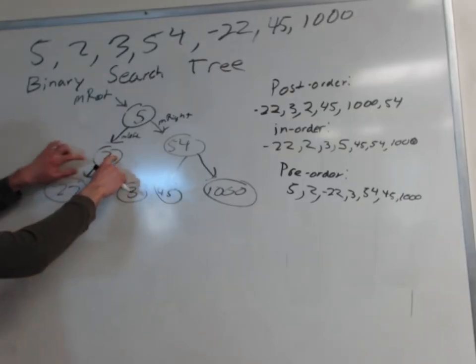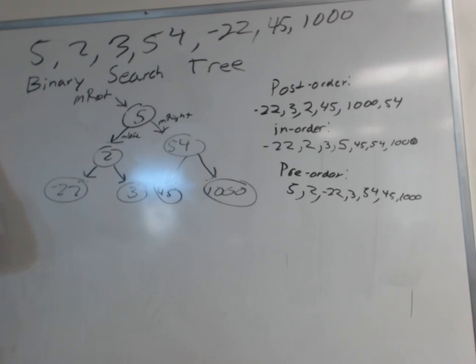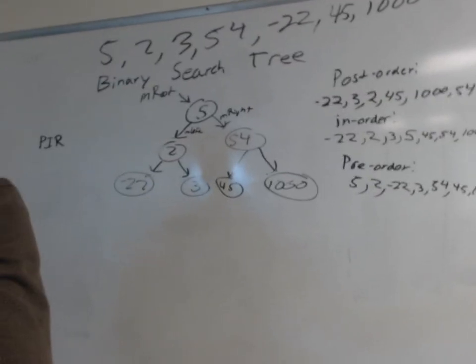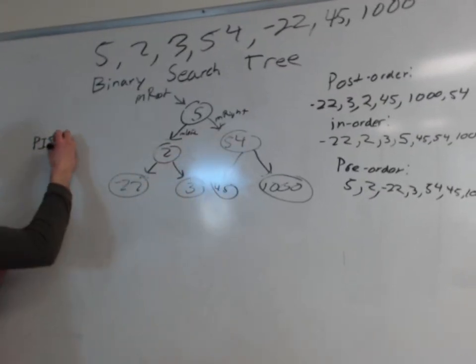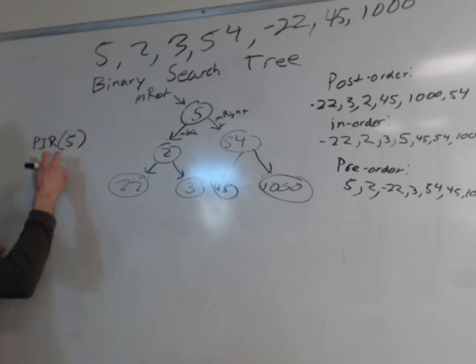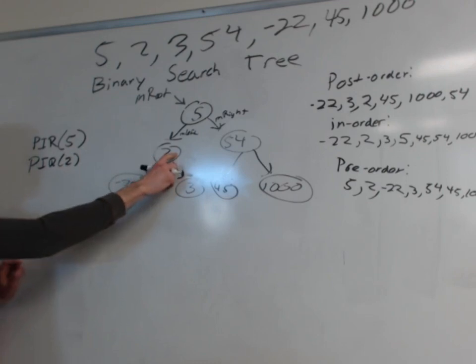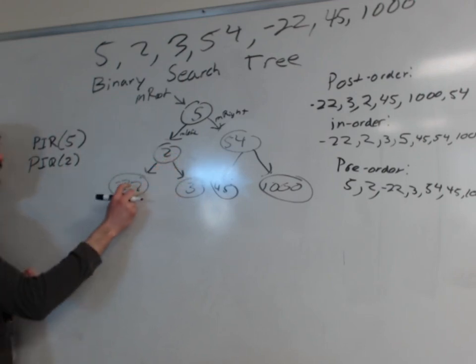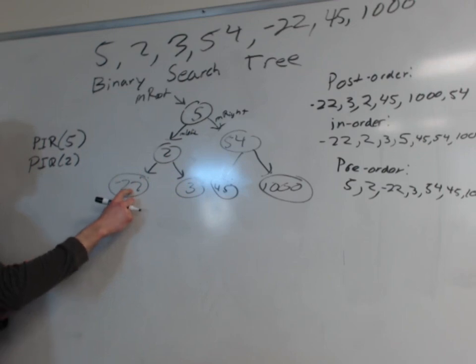So we're going to go to the left and call print in order recursive. It's going to take me forever to type all that out, so I'm just going to call it PIR on 5. So next call is PIR on 2, right? And he's not null, so we're going to go to the left again.